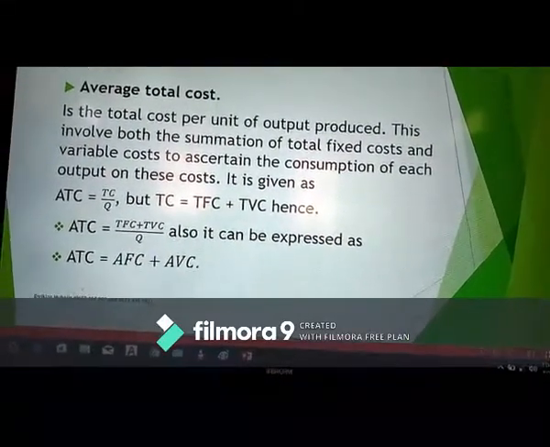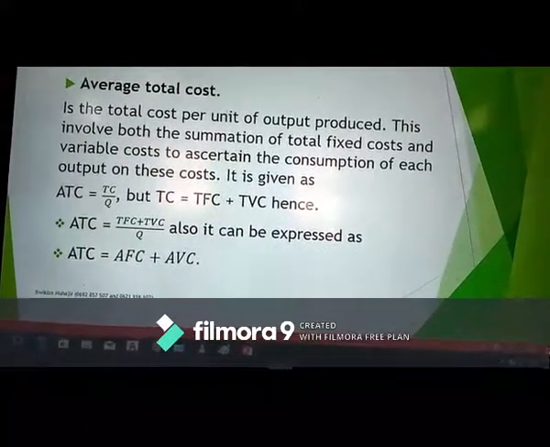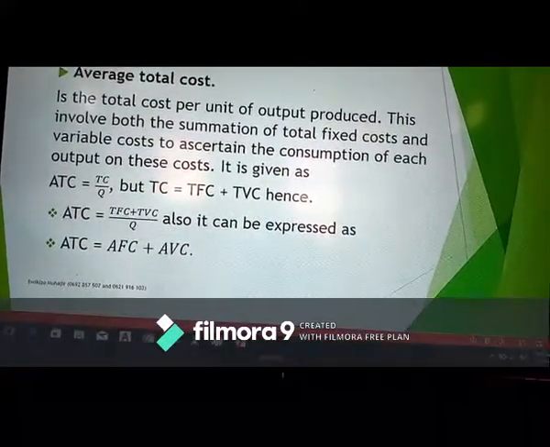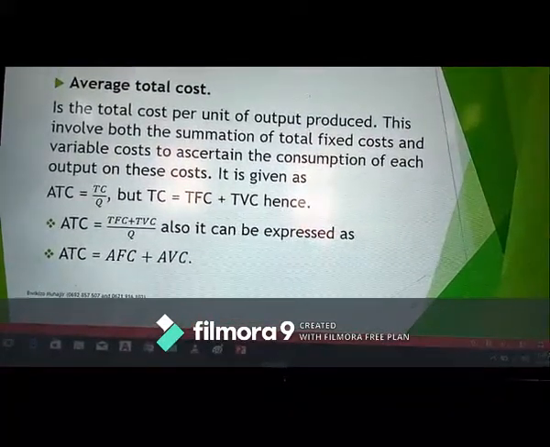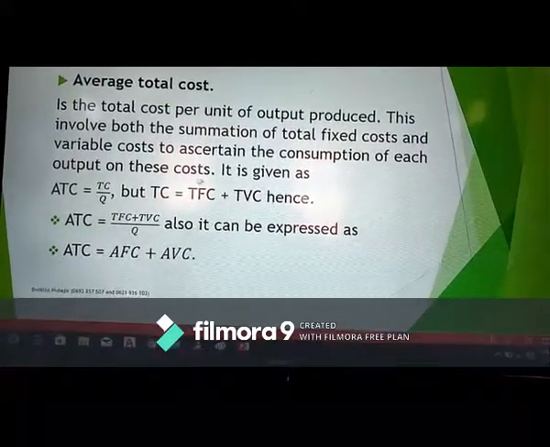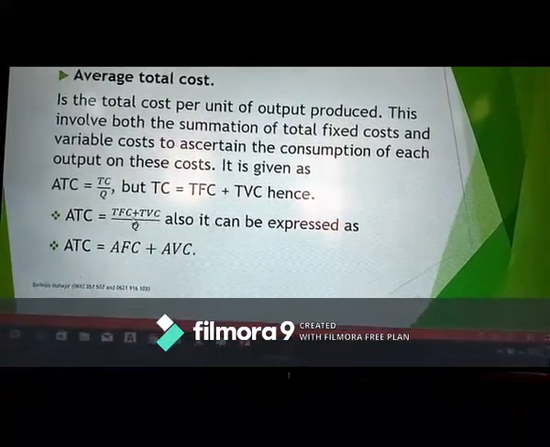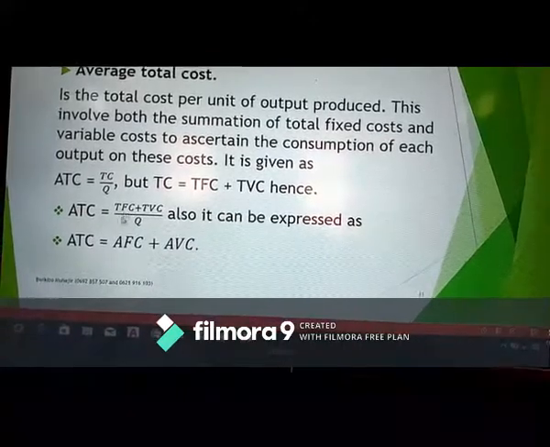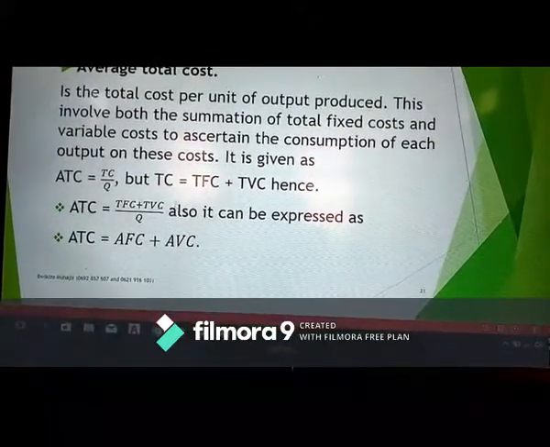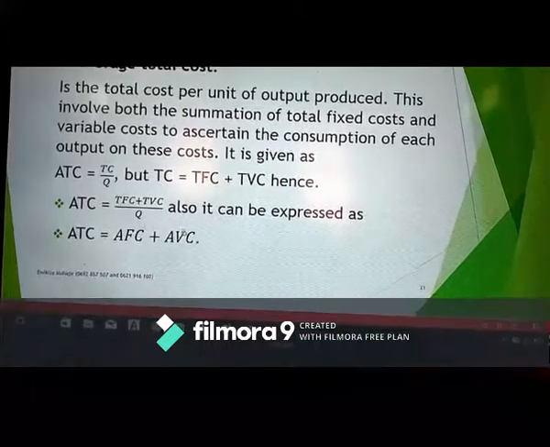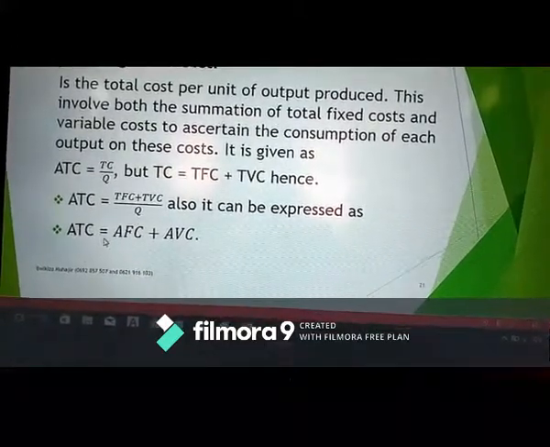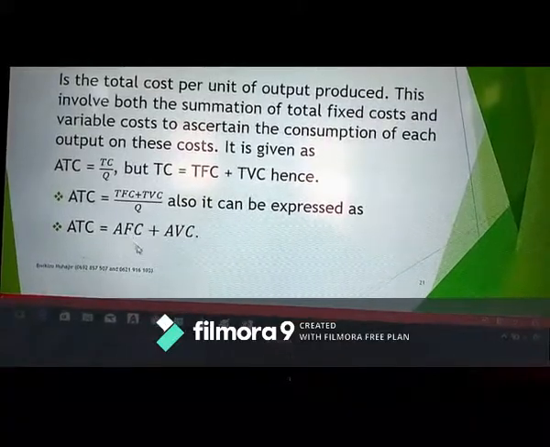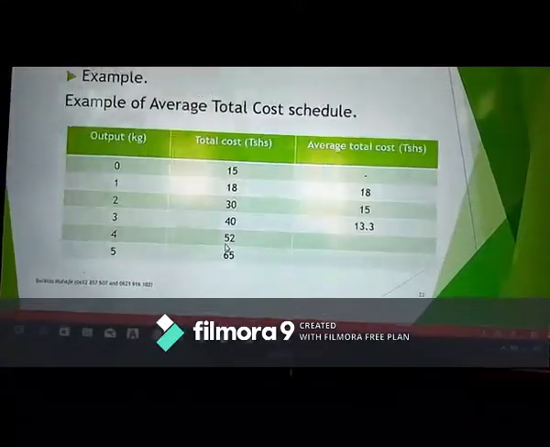This is given as ATC equals TC over Q, but remember, total cost is the sum of total fixed cost plus total variable cost. Hence, average total cost equals total fixed cost plus total variable cost over quantity. But this can also be expressed as average total cost equals average fixed cost plus average variable cost.